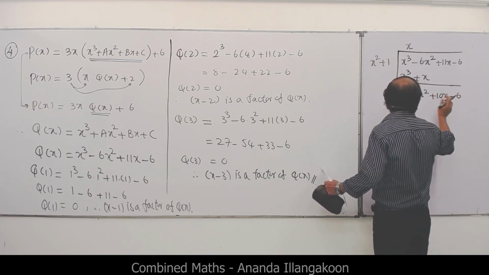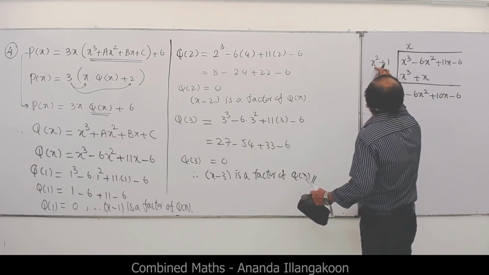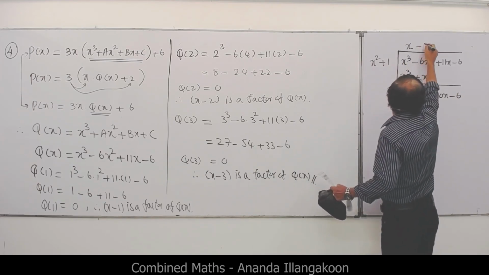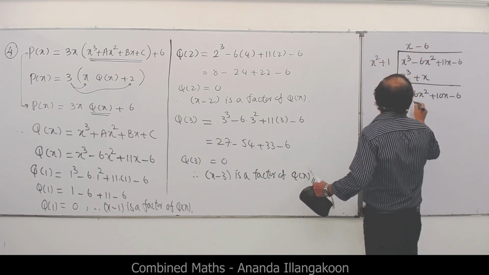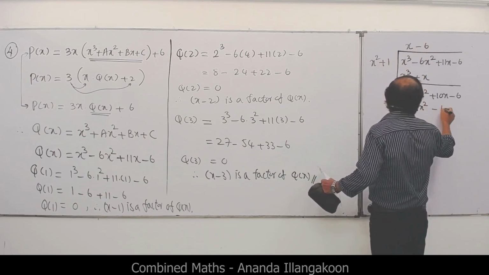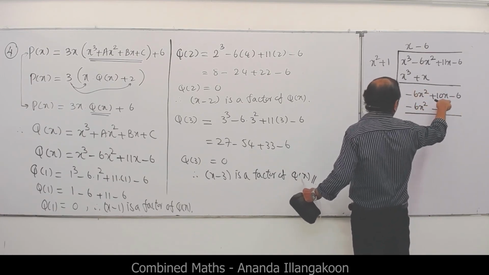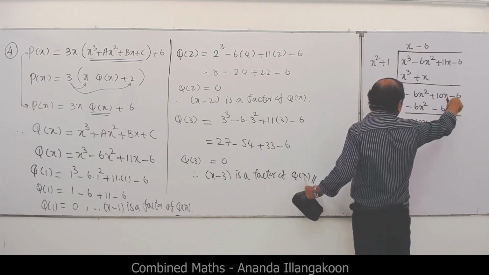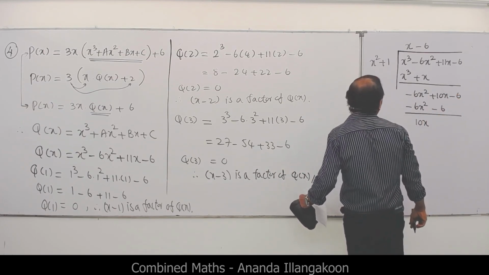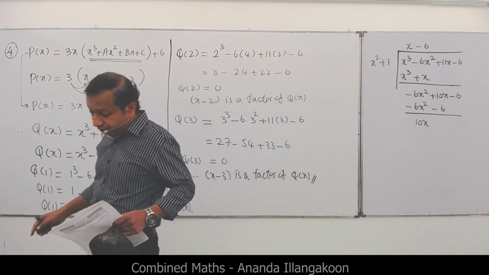Now this minus 6x squared, we divide by this x squared. Then we get minus 6. Minus 6 times x squared and minus 6. Here's the difference. This minus this 0, 10x. 6 minus 6 also 0. Then we get the final answer.